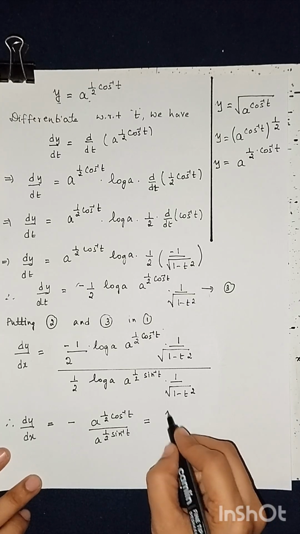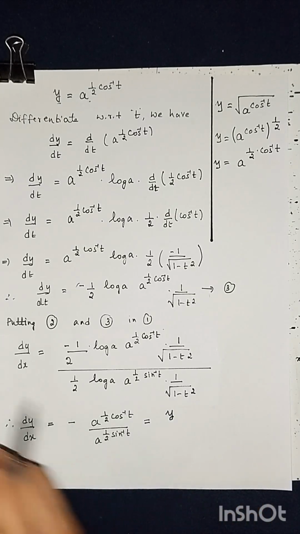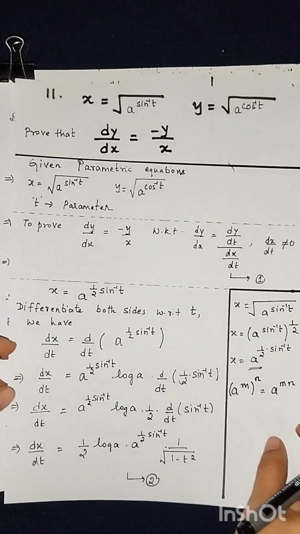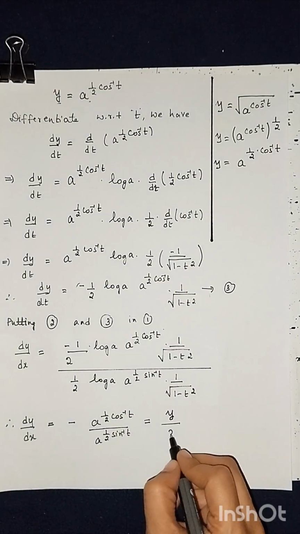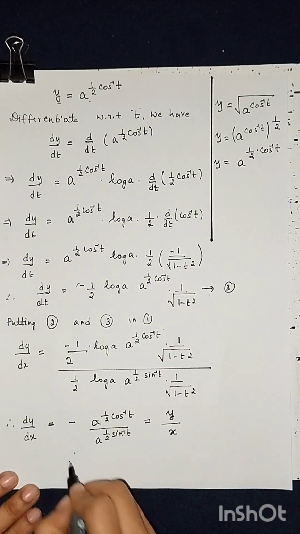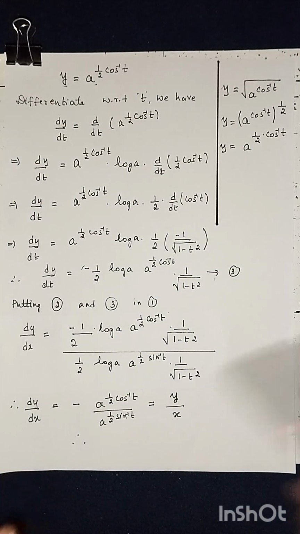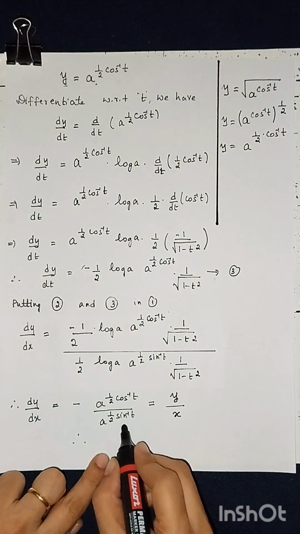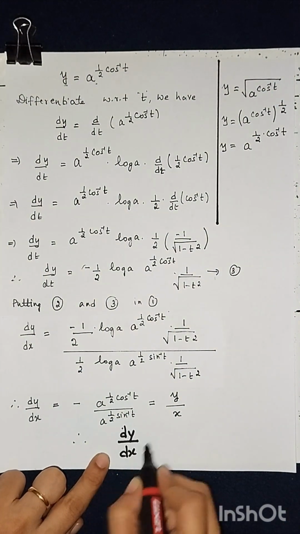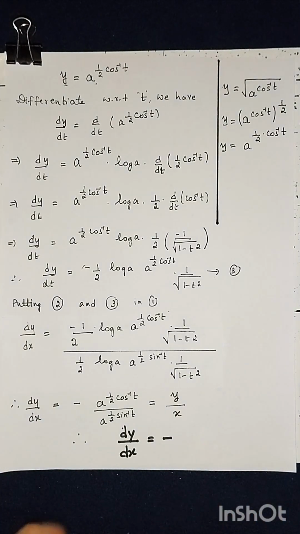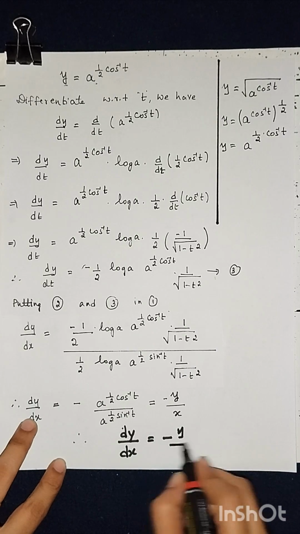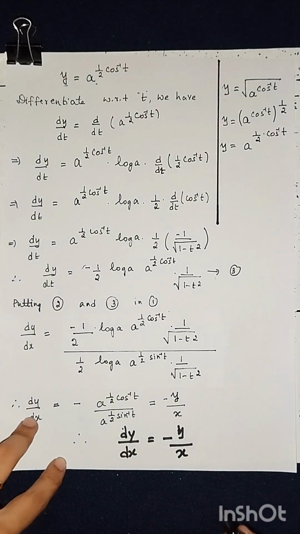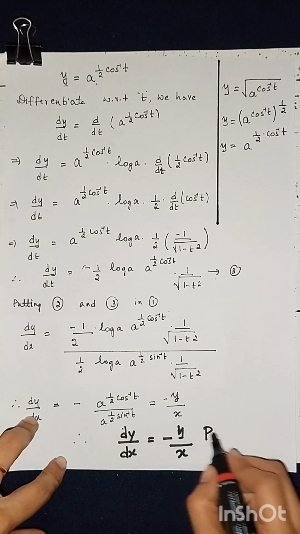So we can write y, and a to the power 1 by 2 sine inverse t, so that was x for us, so we will write x. So therefore we got dy by dx is equal to minus y by x, right? So we have proved.